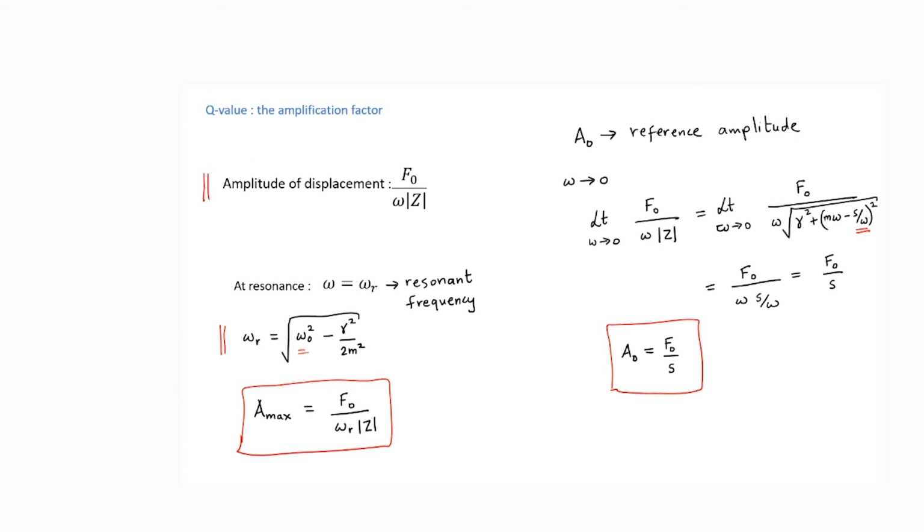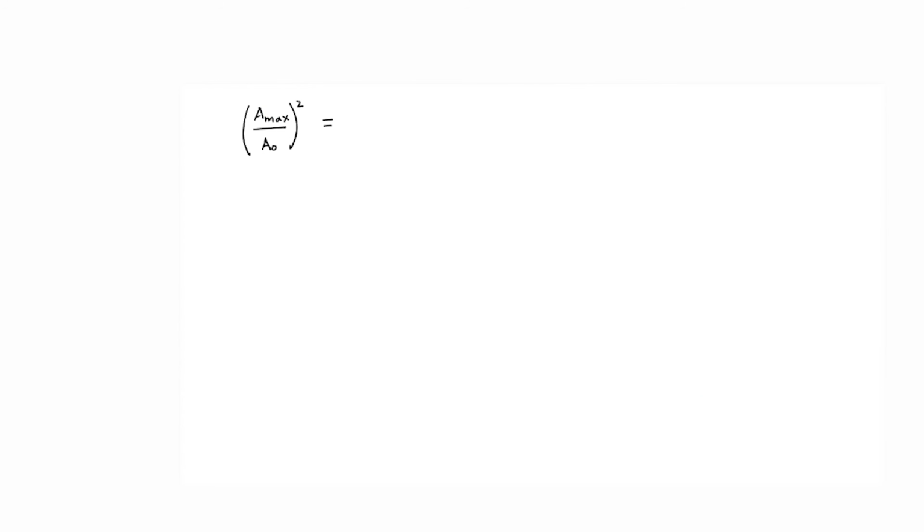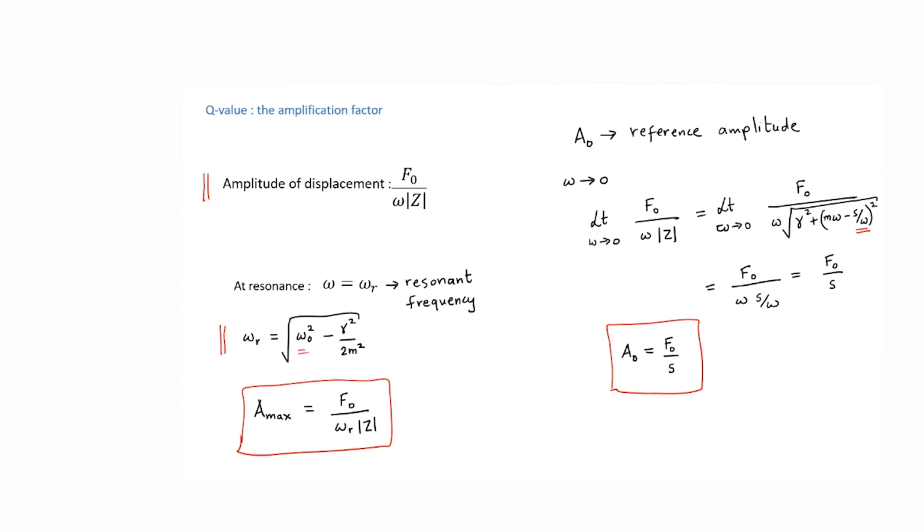So, let me start by writing A max by A 0 whole square, and I will just copy the expressions that I have written down here, and before I take the ratio, this can actually be further simplified.